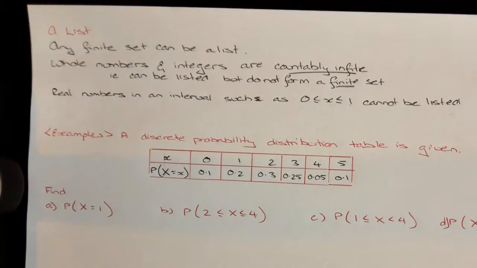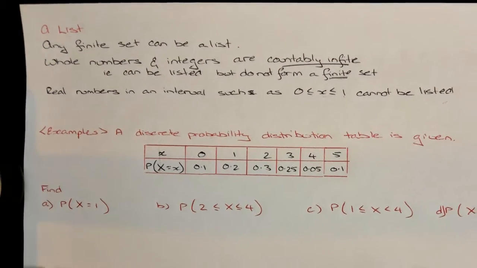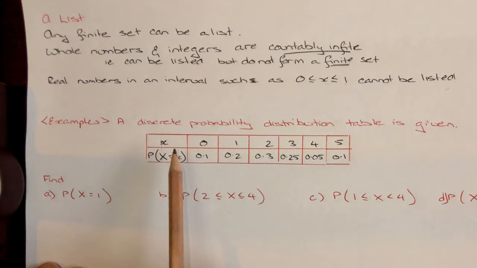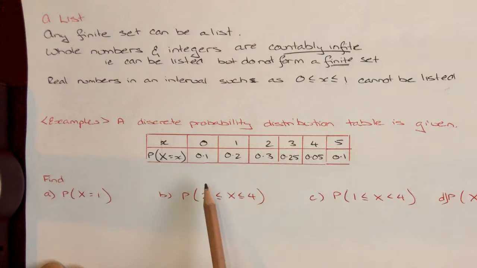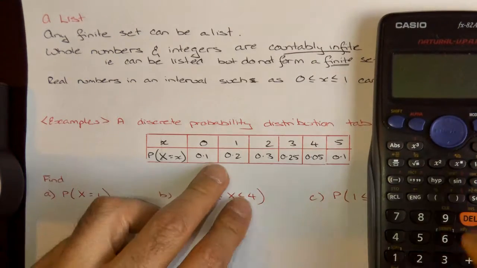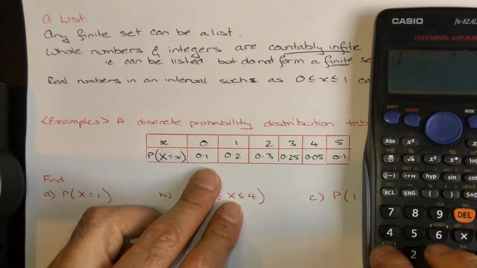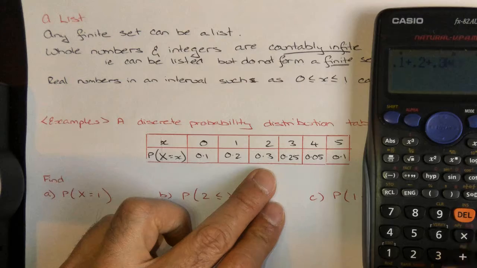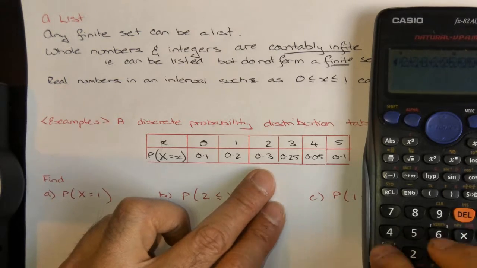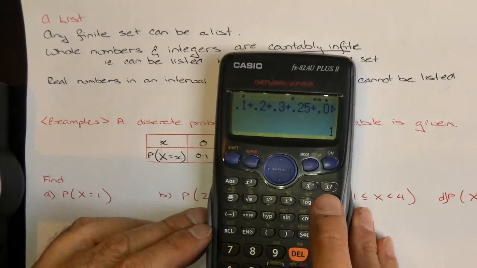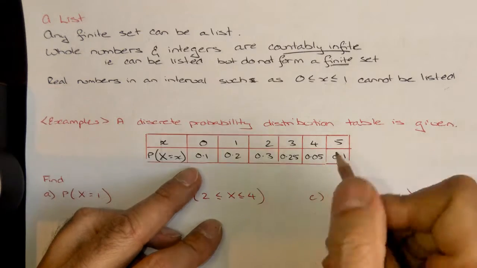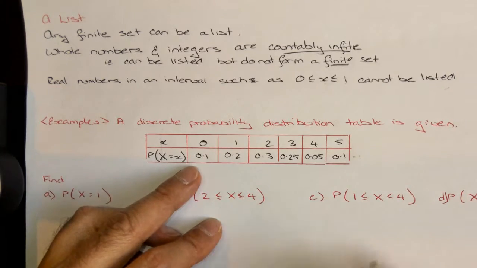Here we have a probability distribution table given, and we can double check that it all adds up to 1. So 0.1 plus 0.2, 0.3, 0.25, 0.05 plus 0.1 is 1. It must equal 1.